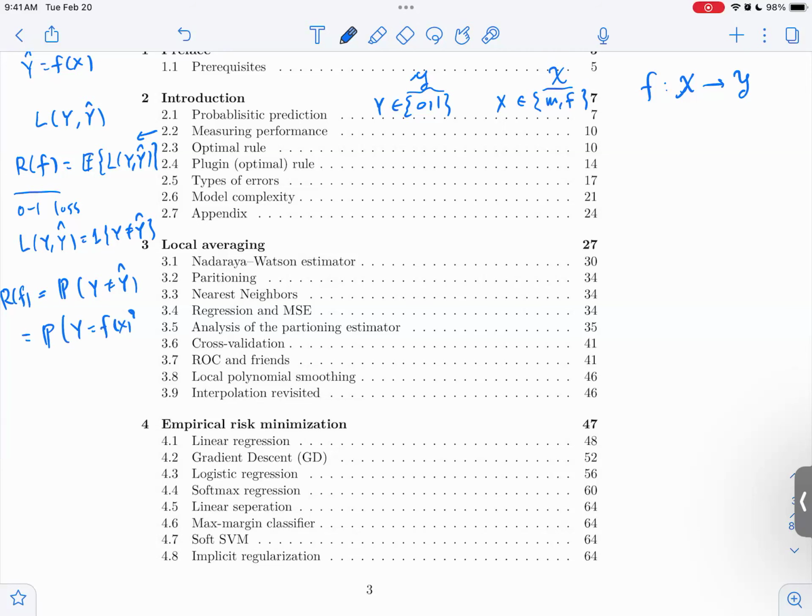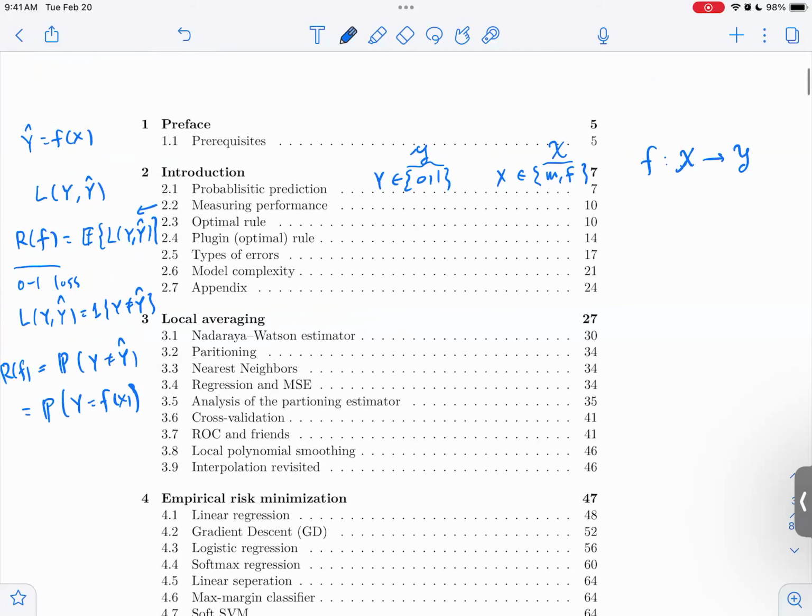I'm going to go over the details right here. But then the question is, what is the optimal classifier at this point? So this is called the risk. We broke this up by conditioning on x, and then wrote the optimal rule.